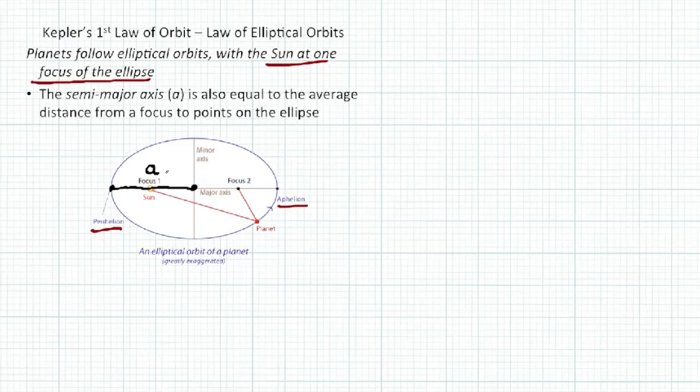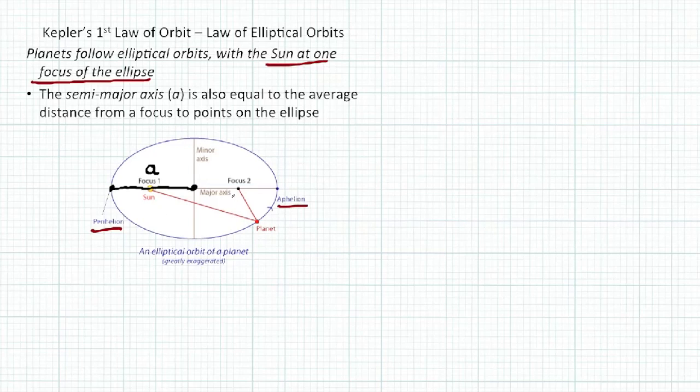We're going to give it a name a little bit later. Okay, but that is called the Semimajor Axis, and for any planet or any orbiting body, this is the distance that we say is kind of like the radius of its orbit around the Sun. It also happens to be the average distance from a focus to points on the ellipse.